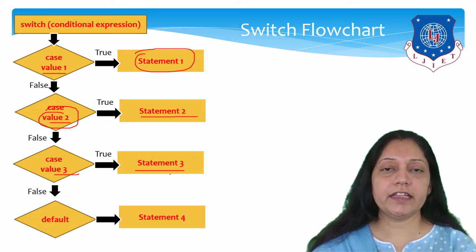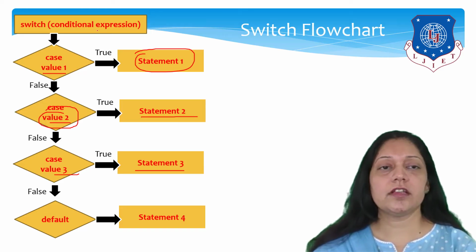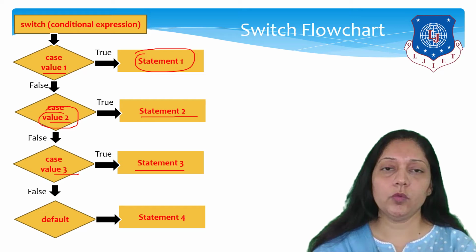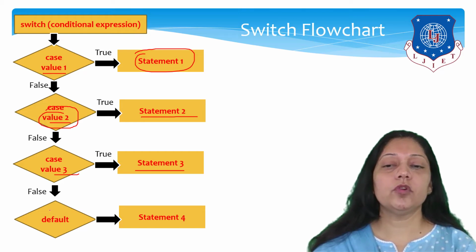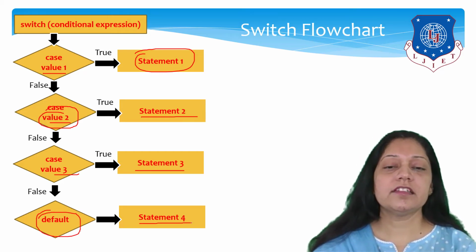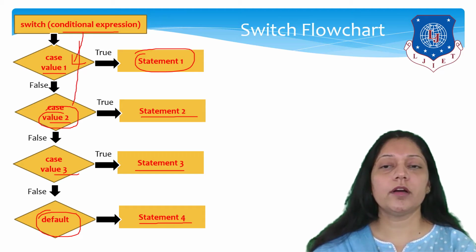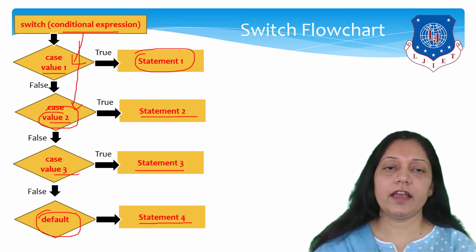But at one point of time, it would happen that the conditional expression value is neither value 1, nor value 2, nor value 3. So in that case, your compiler will go to the default part of the switch statement. At the default part, your statement 4 will be executed. So you check for an expression or a variable and compare it with value 1, value 2 and value 3.